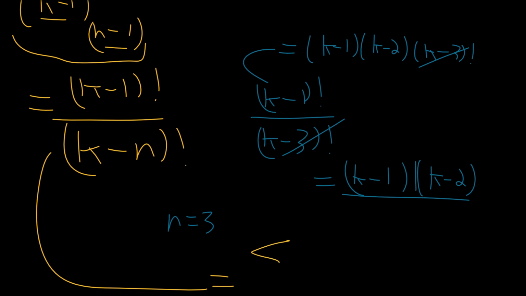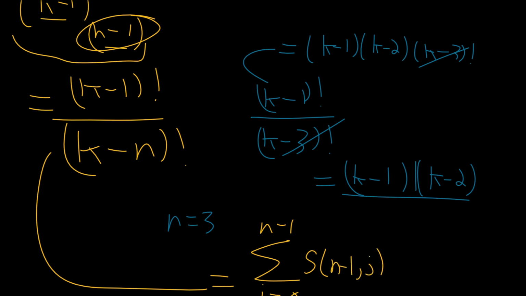And namely, the way we do this is, we're going to have a sum from j equals 0 to n minus 1. The reason it's n minus 1 is because of that right there. And then we're going to have our Stirling numbers, n minus 1, comma j.